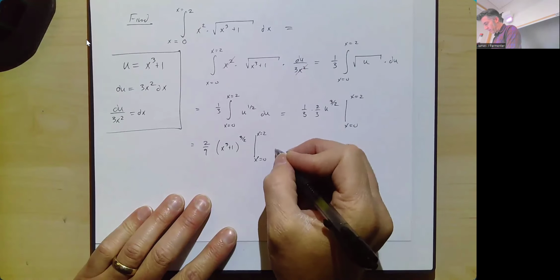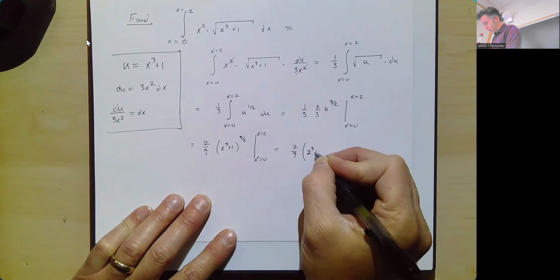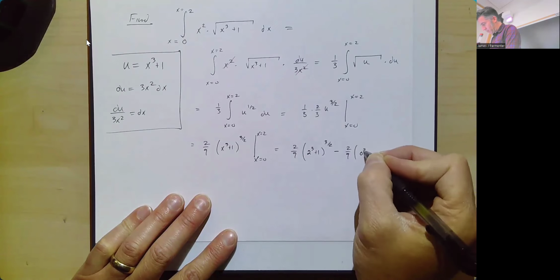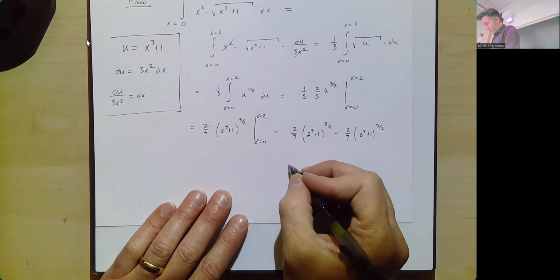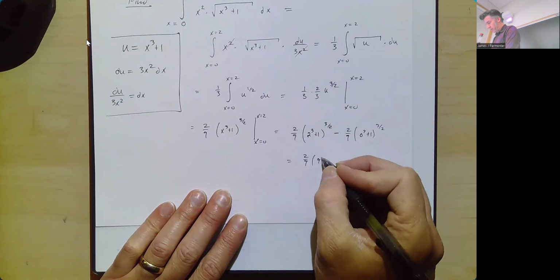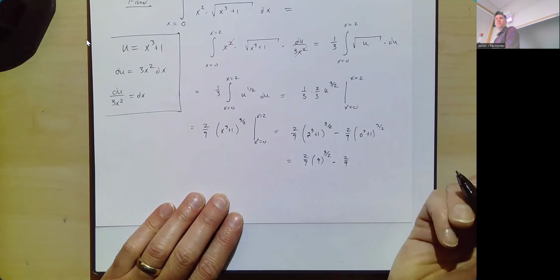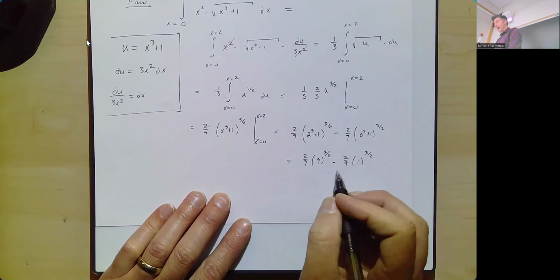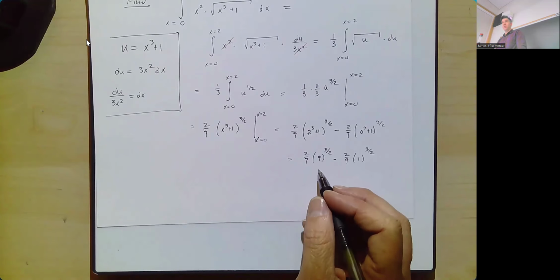We plug in and we get 2/9 times 2 cubed plus 1 to the 3/2 minus 2/9 times 0 cubed plus 1 to the 3/2. And simplifying, we have 2/9 times 8 plus 1 is 9 to the 3/2, and 0 plus 1 is, sorry, what did I just say? 0 plus 1 is 1. 9 to the 3/2 power is the square root of 9 cubed, which is 3 cubed, which is 27.